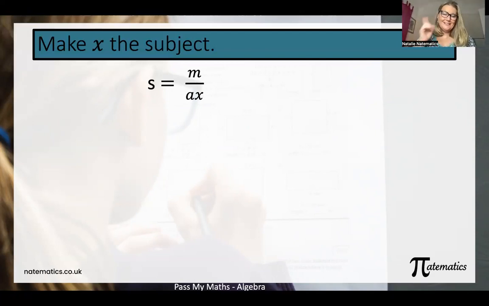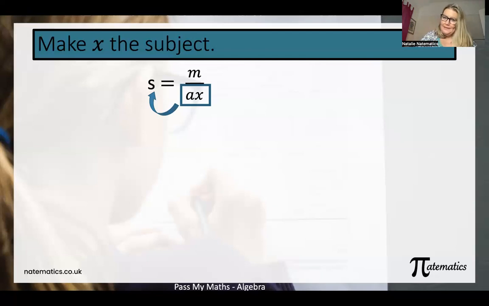See if you can think where you see this pattern where you've got something equals something over something else, and the thing you want is in the denominator. So the thing we want here is in the denominator. So if we want x equals something, we need to get that x up to the top, don't we?